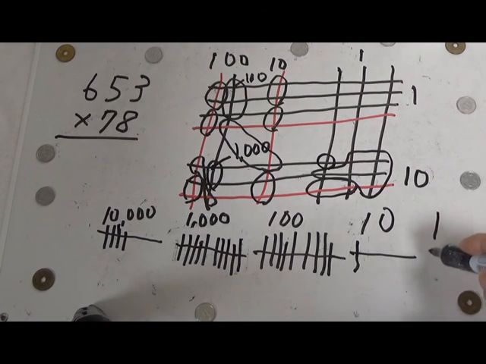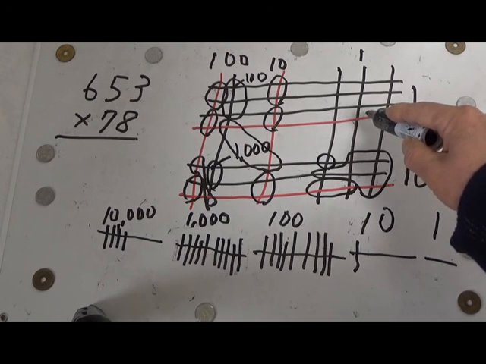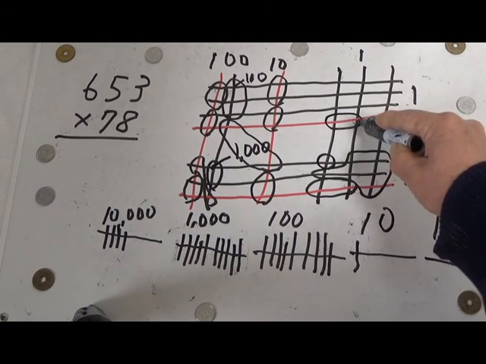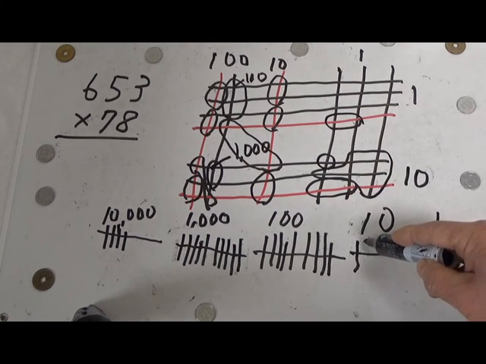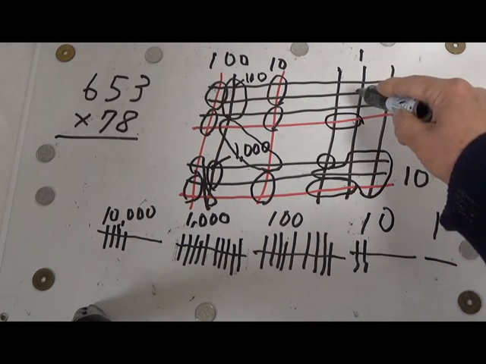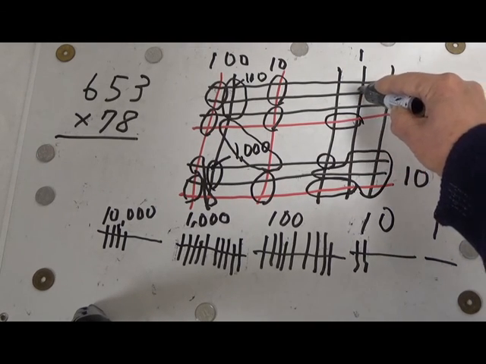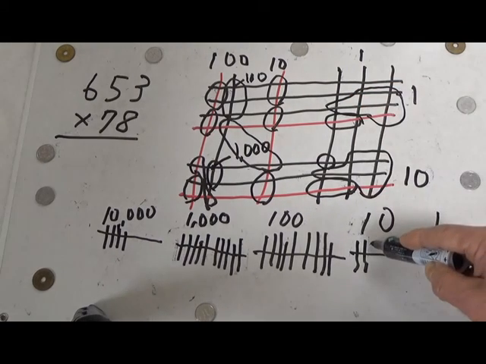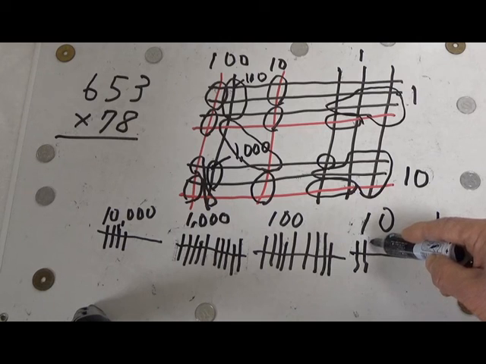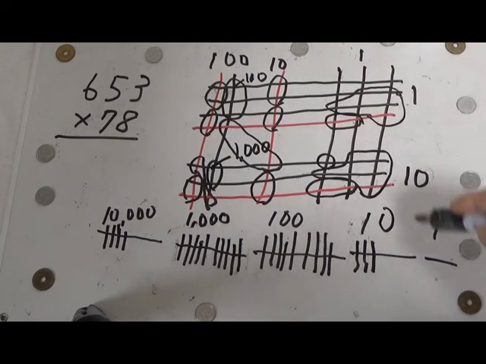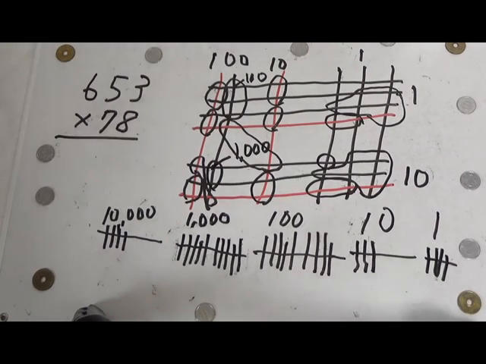Let's move to order 1. These are 10 1 lines, 10 line points, 1, 2, 3, 4, 5, and this is also 5, so 10 times 1 points, and 1, 2, 3, 4, remaining 4.